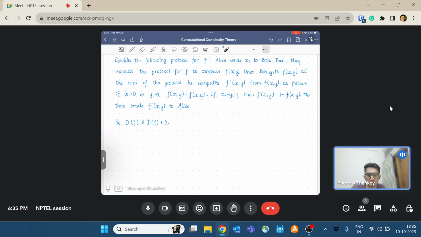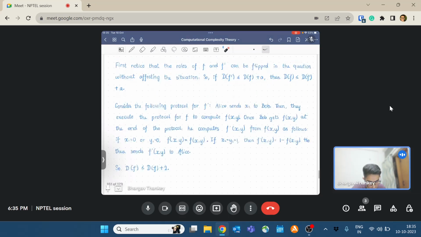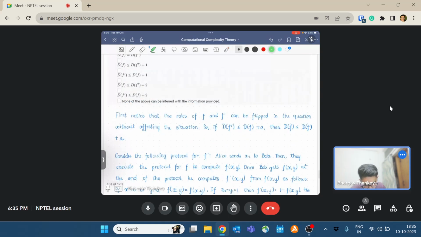There can be some other protocol for f prime which is much more efficient, and D is supposed to be the minimum communication complexity. So we have shown a protocol with this much communication complexity. So D f prime is definitely upper bounded by this, but it can be less than this. So we need to include a less than or equal to. Okay. So this option is correct.